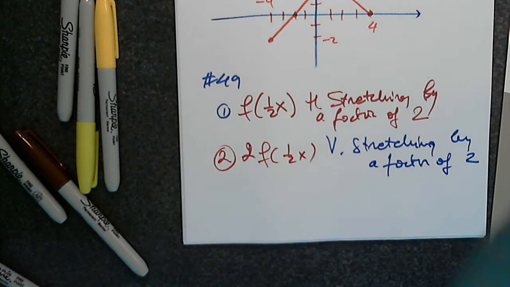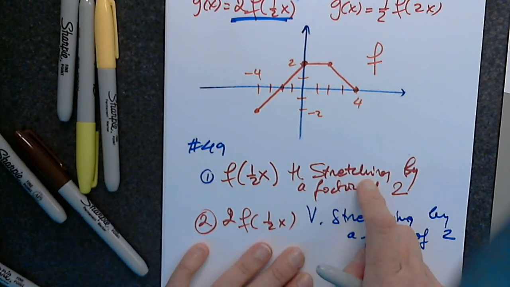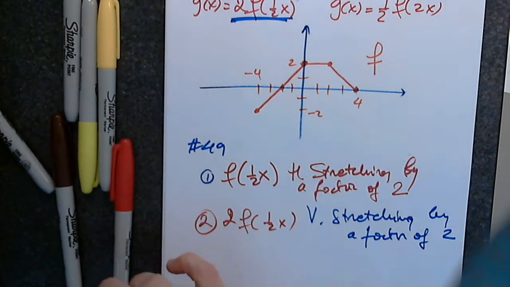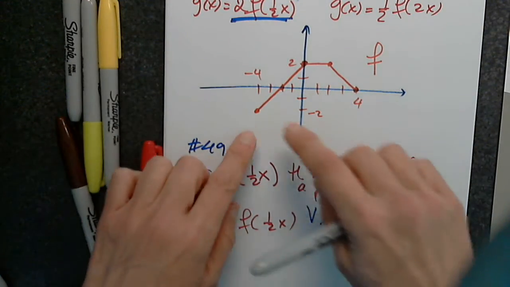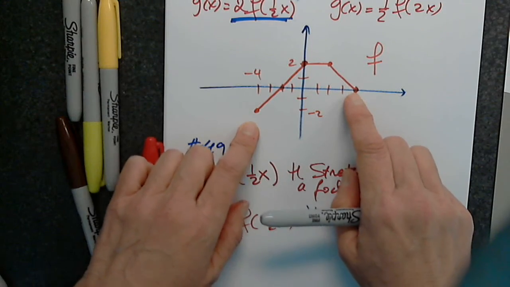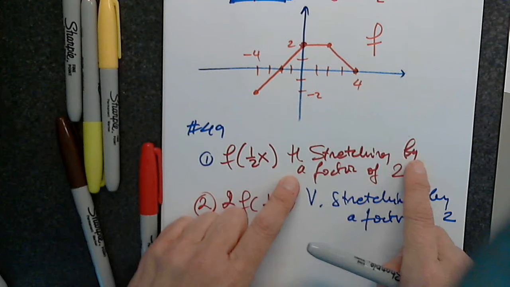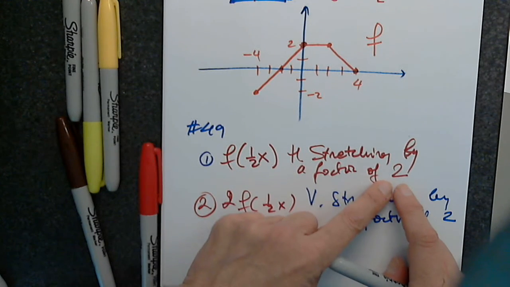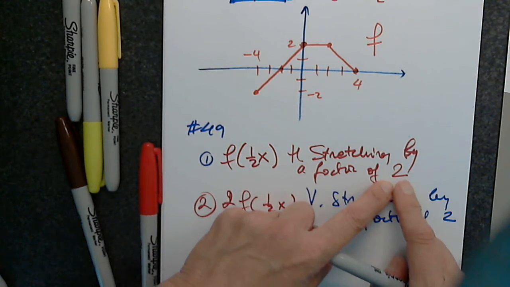Okay, let's graph the first one. First, you told me to stretch the graph by a factor of 2 horizontally. Ready? I look at a few points, and the key points are 1, 2, 3, 4, 5. It's sufficient. For each point, I will change the x coordinate, multiplying it not by 1/2, but by 2.